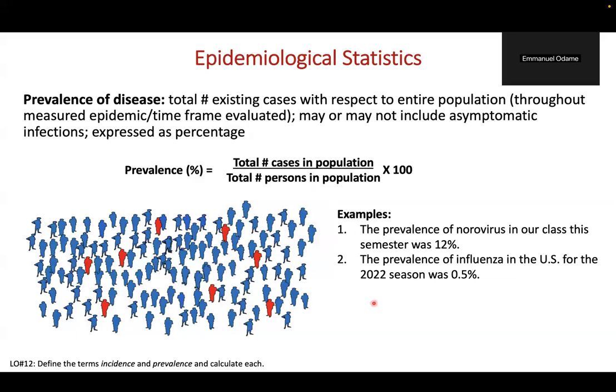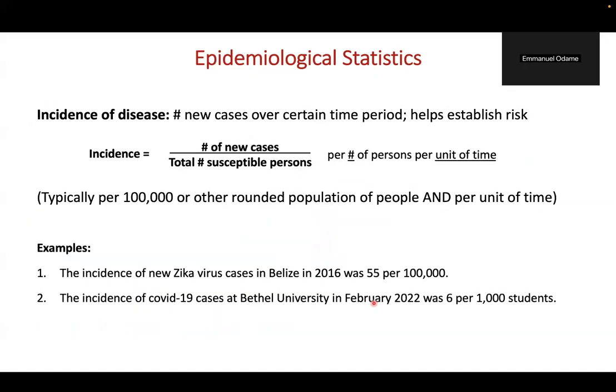You can hear it in the news, like someone will say, oh, the prevalence of influenza in the US for the year 2022 was about 0.5%. So that's basically how they come by this calculation. And then we have incidence of the case, basically the number of cases over certain time periods. This helps you to establish the risks associated with the disease.